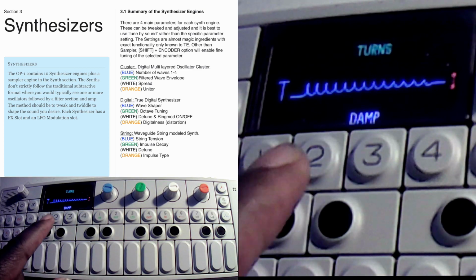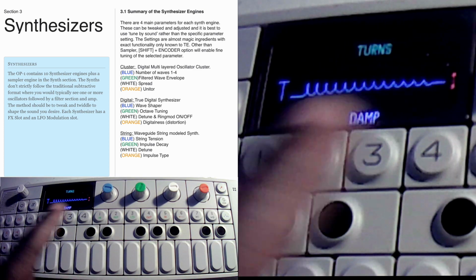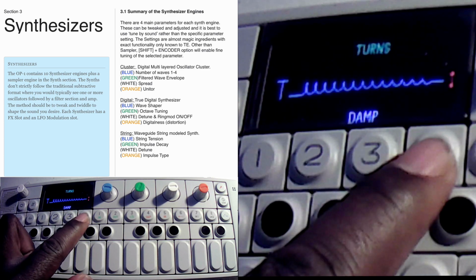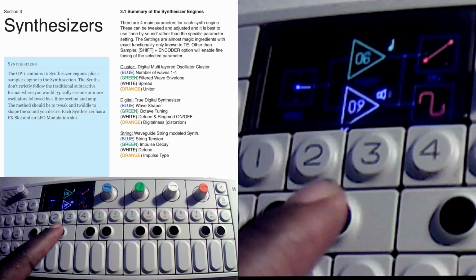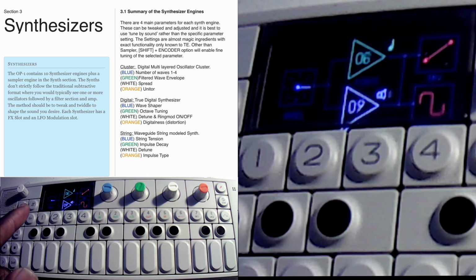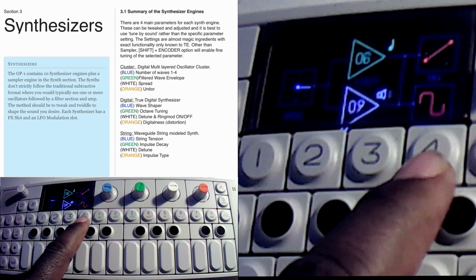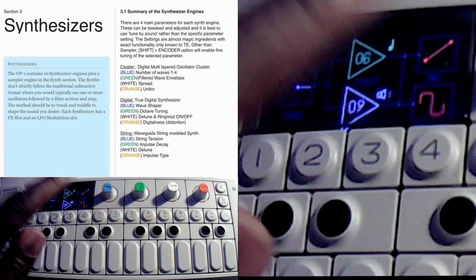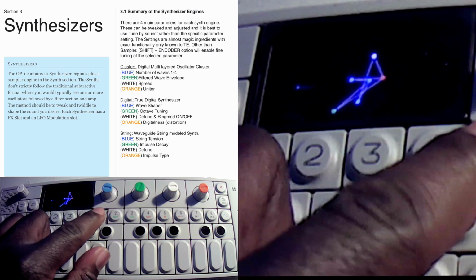Number 3 controls the effects on each synthesizer engine, and number 4 is the routing and the low frequency oscillator and all that kind of stuff that you can apply to the sound. But we're not going to dive deep into that section yet. We're just listening to each synth engine.